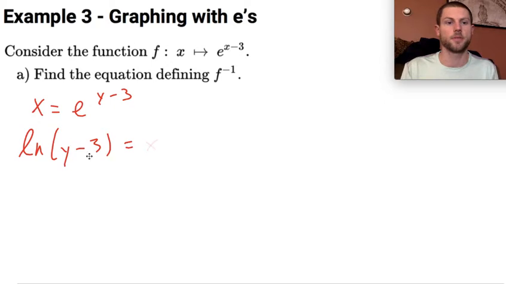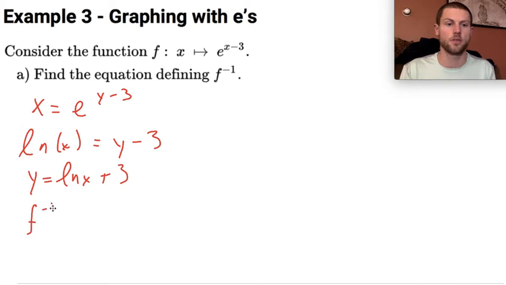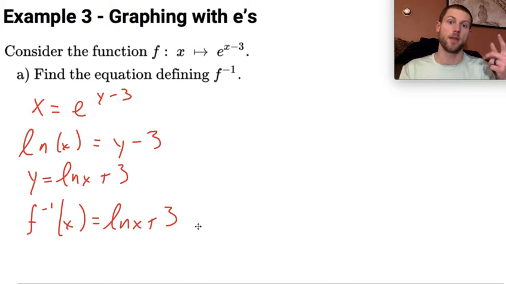Oh, no, I have that opposite. Excuse me. This is the natural log of x equals y minus 3, since this equals the exponent. Right. I think I got it that time. I'll add 3 to both sides, and this becomes y equals the natural log of x plus 3, or f inverse of x equals the natural log of x plus 3. So we're going to keep that in mind. That is my inverse exponential, which is a log.